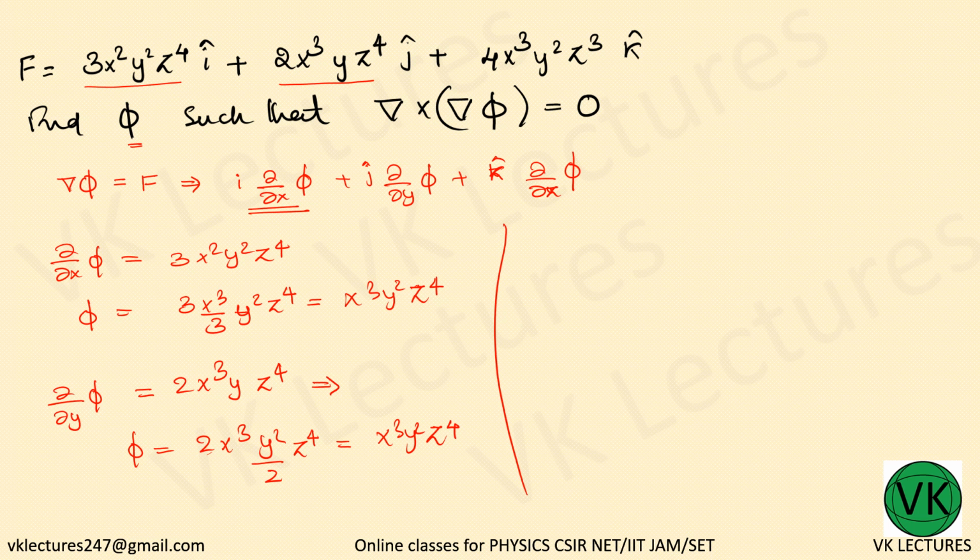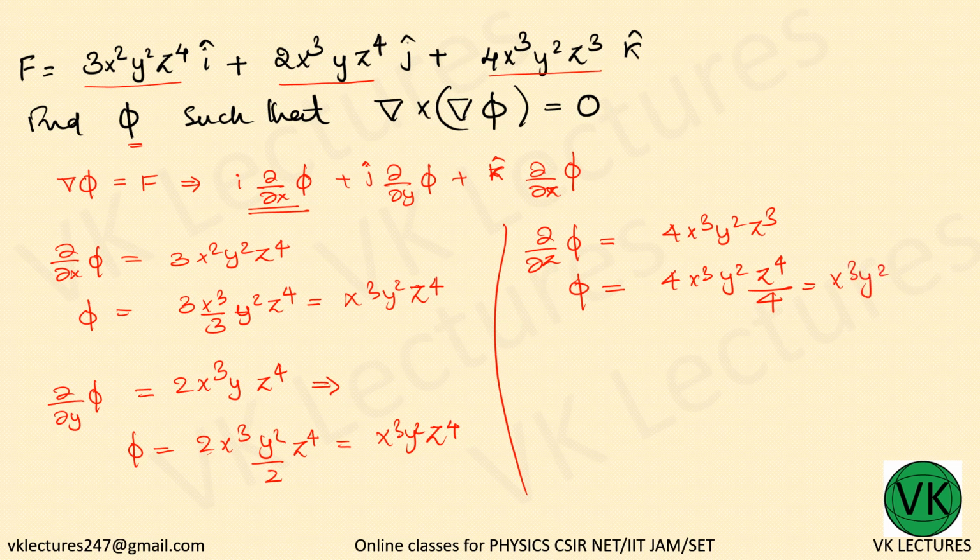Now the third term, dou by dou z of phi is equal to 4x cube y square z cube, which means phi is equal to 4x cube y square z to the power 4 by 4, that's x cube y square z to the power 4.